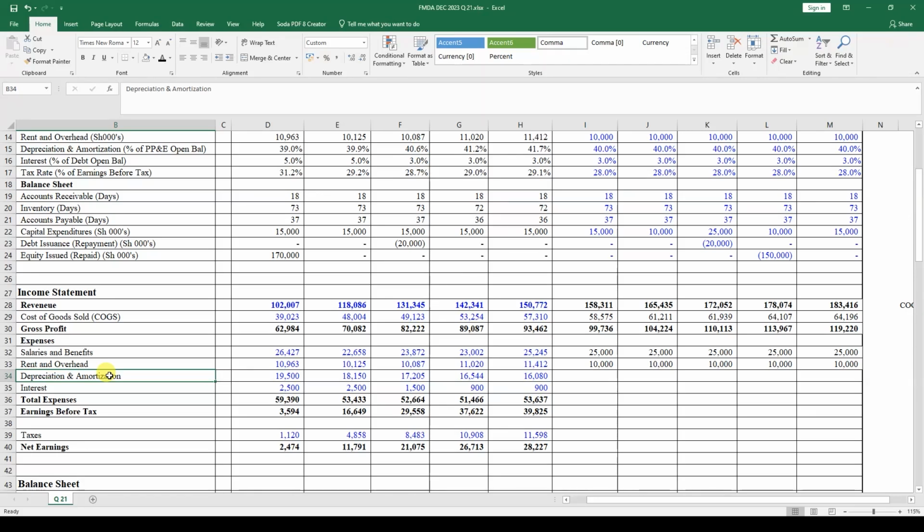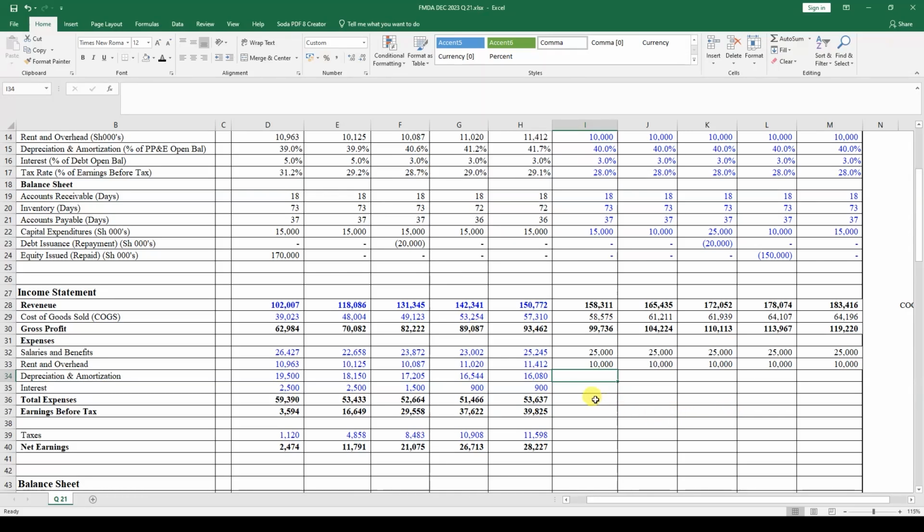For simplicity's sake, I've seen it right over here: depreciation as a percentage of PPE, just based on the straight line method. So depreciation and amortization is driven by a percentage of the opening balance of PPE. We will initially leave it over here because we do not have the values of PPE given to us directly, and we'll model it a little later on.